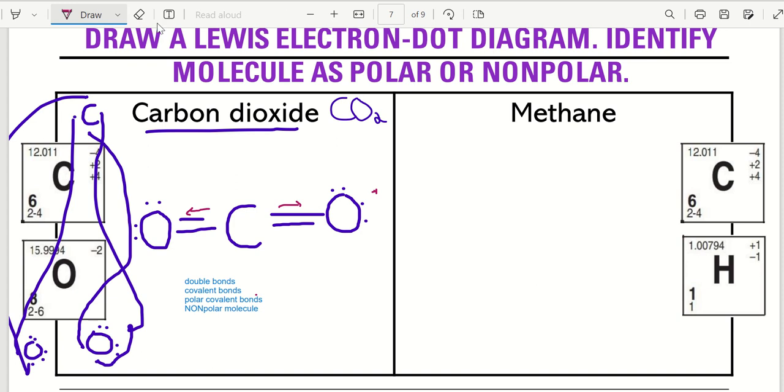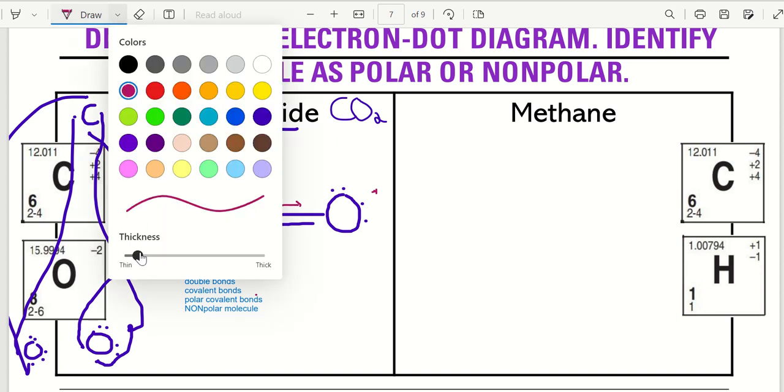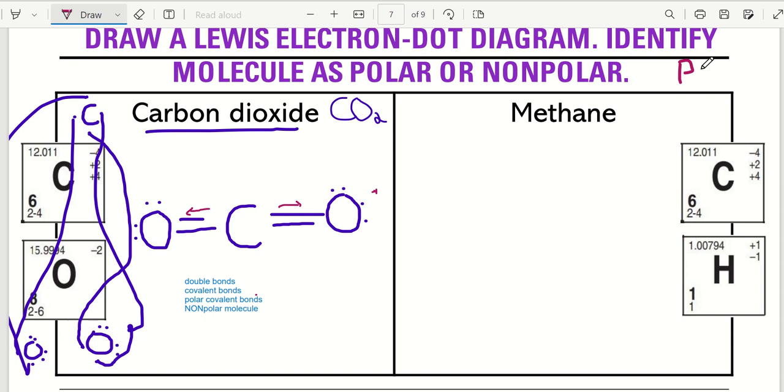All right, over here, methane. So methane, you could look at table P and table Q to help you, but it is CH4, okay? So carbon, we know, is 1, 2, 3, 4. Hydrogen, like this, 1, 2, 3, 4.